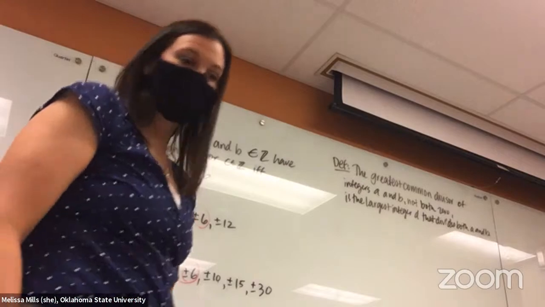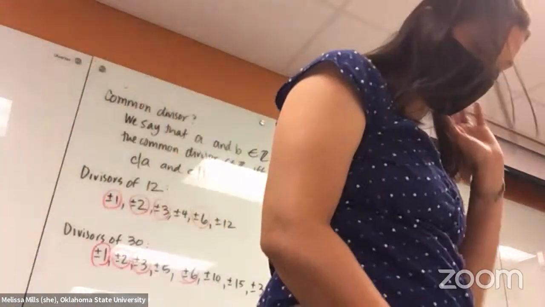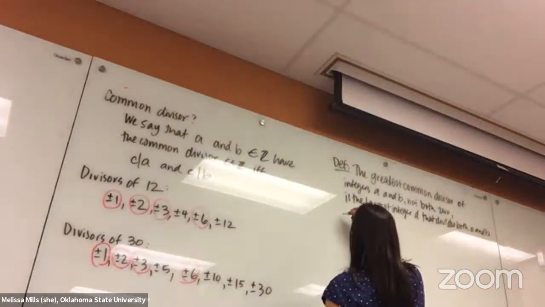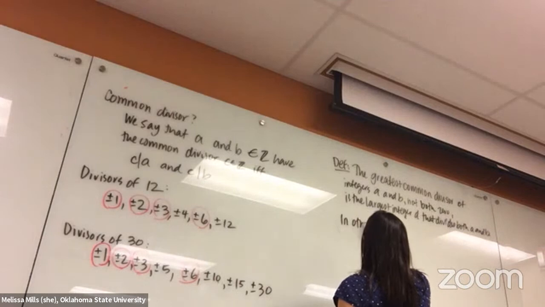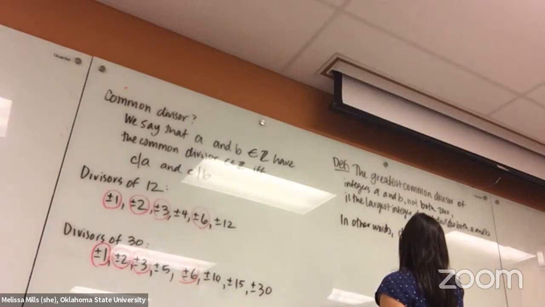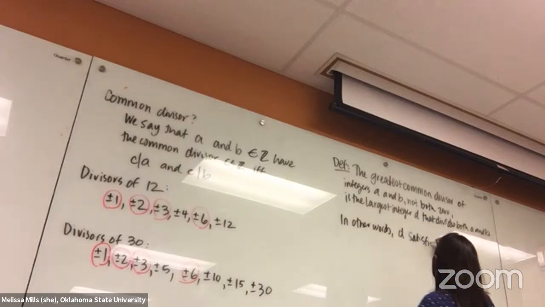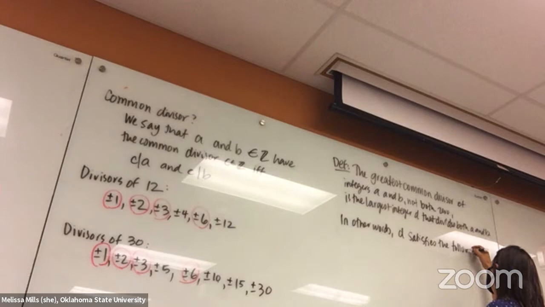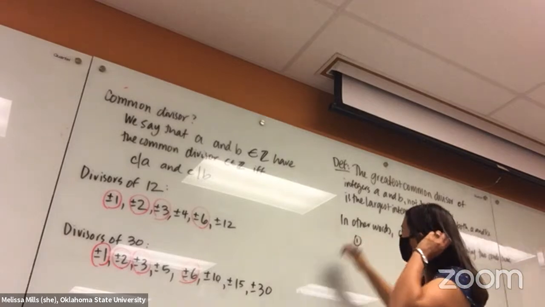Good. Okay, so what are the properties of it then? In other words, D satisfies the following 2 conditions. The first condition is it needs to be a common divisor.